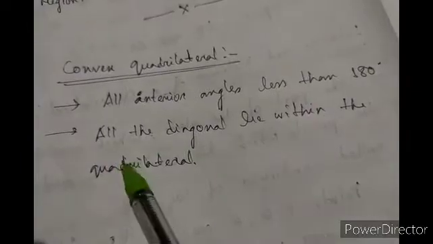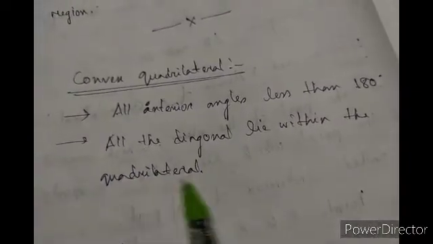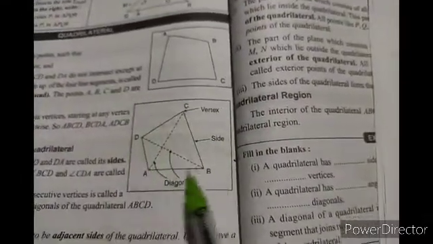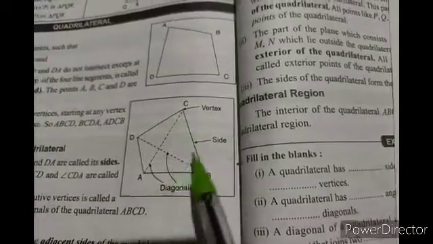If this condition is satisfied, the second condition is that all the diagonals lie within the quadrilateral. If we take the example of this quadrilateral, it has only two diagonals and both diagonals lie inside the quadrilateral. So it is a convex quadrilateral.